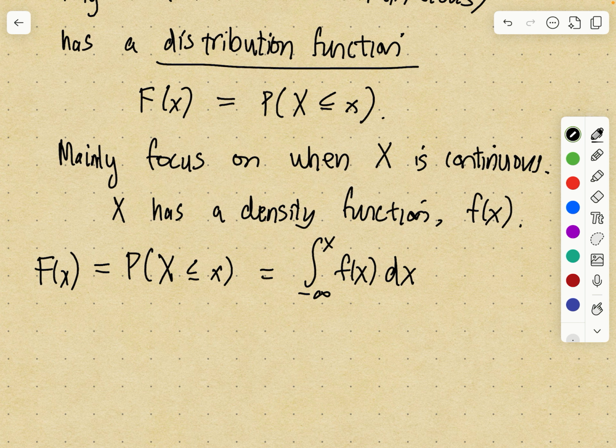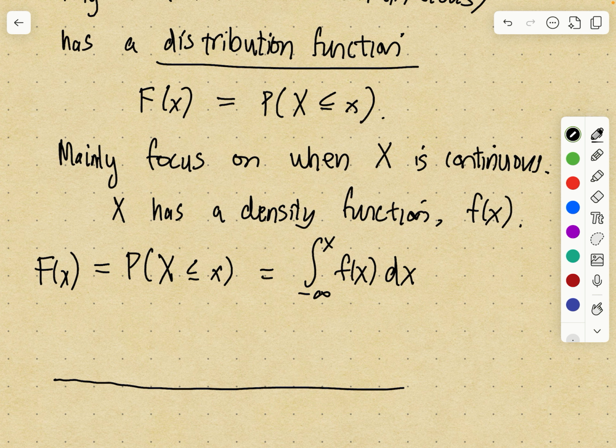So the distribution function tells you the probability that capital X is less than or equal to x, and that's the area under the curve from minus infinity up to x.